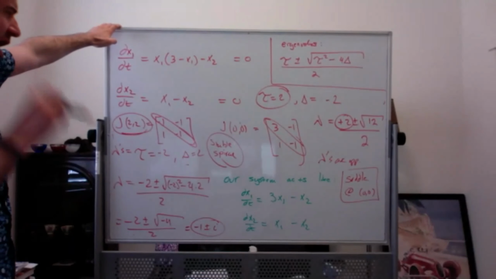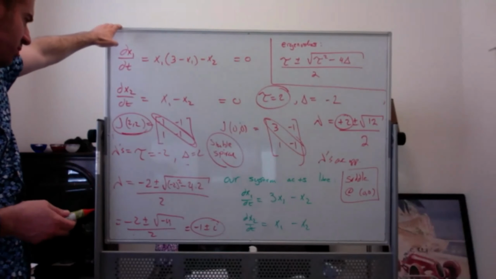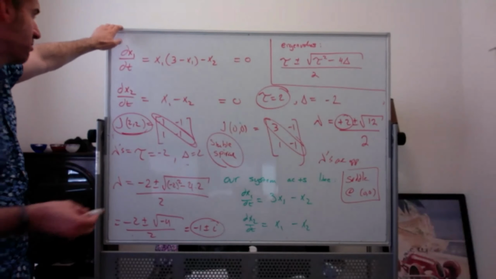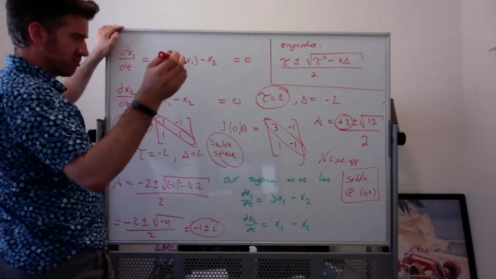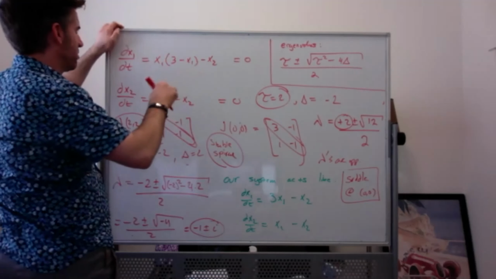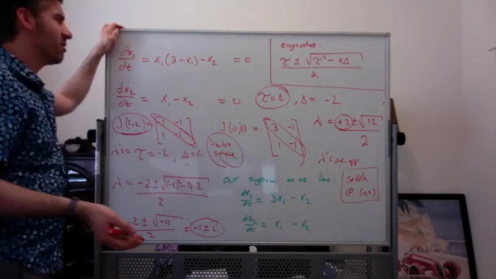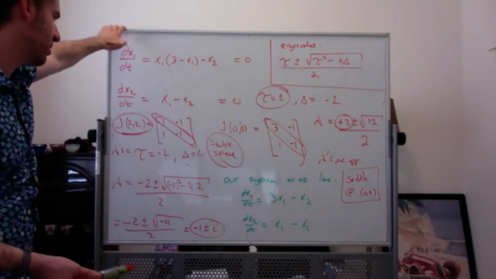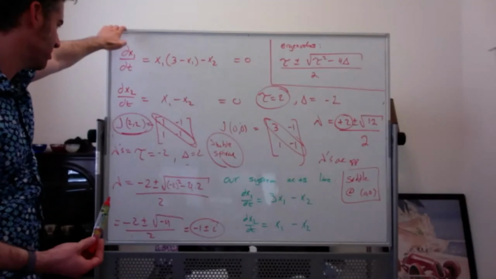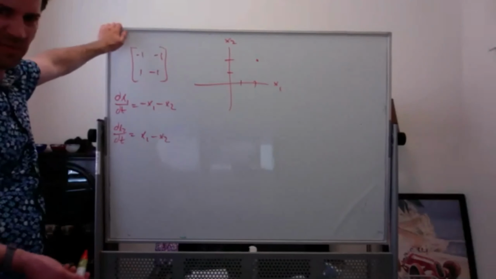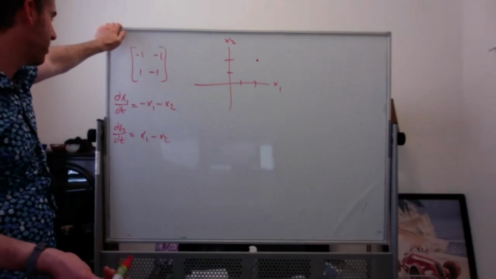Sorry, one second. Let me make sure I'm not doing something stupid here. (2, 2), right? I need to be a little bit careful here. I feel like you can just start plugging in points, but I'm not actually sure. Let me double check something real quick.